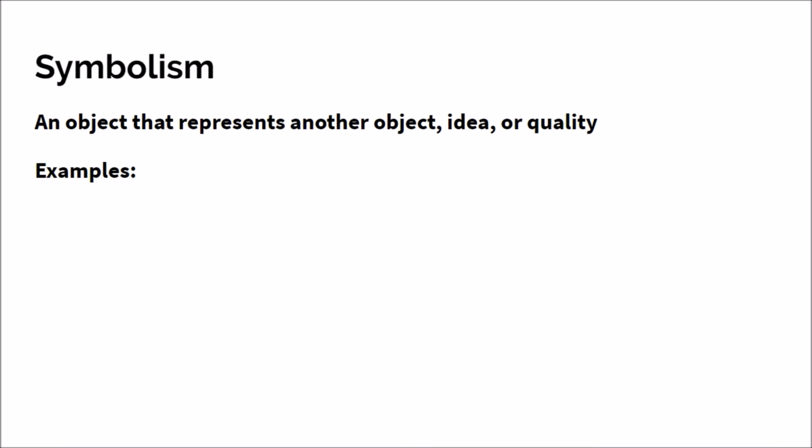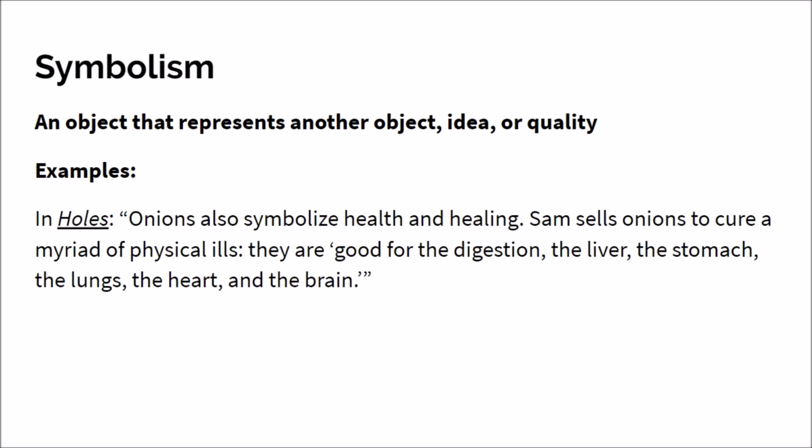Here are some other examples of symbolism. Those of you who were here with me first semester will remember some of these symbols from Holes. In Holes, onions symbolize health and healing. Sam sells onions to cure a myriad of physical ills.